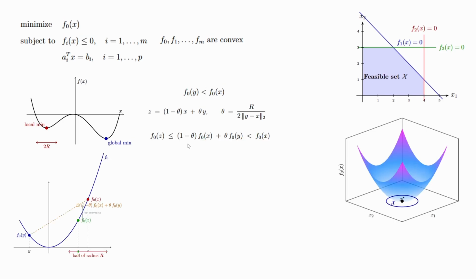Since the feasible set is convex, both x and y are feasible, and so z is feasible. And by convexity of f0, we have this inequality here on the left side. So z is feasible, inside the ball, and strictly better than x. But that contradicts our local optimality that we assumed in the first place. So no such y can exist, and x must be the global minimum.